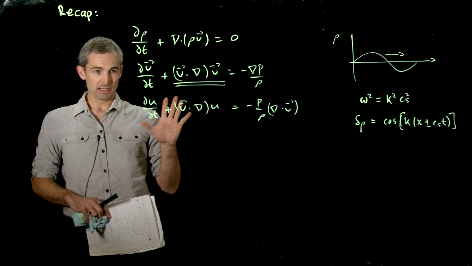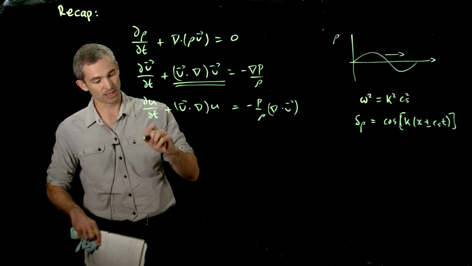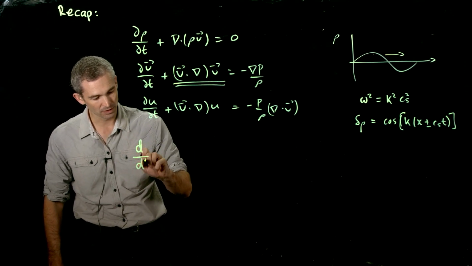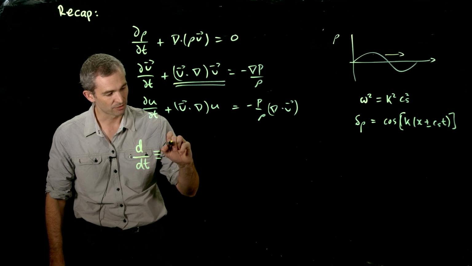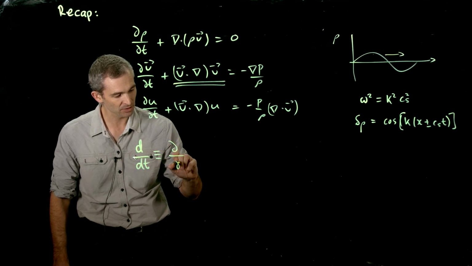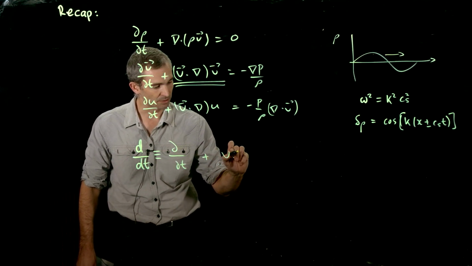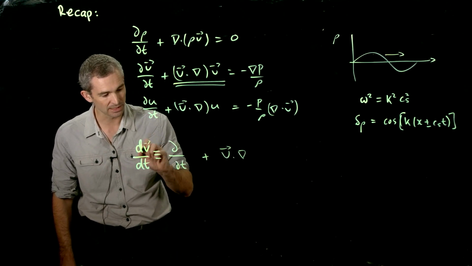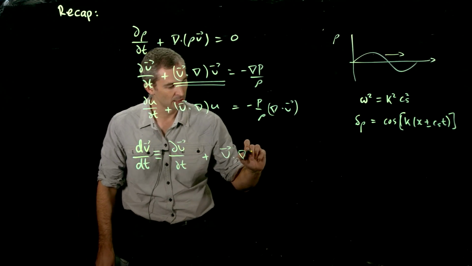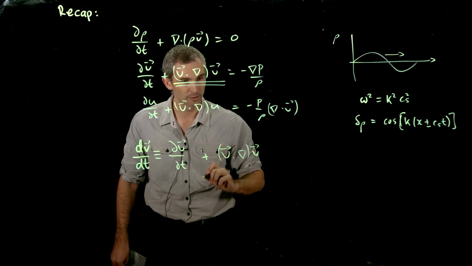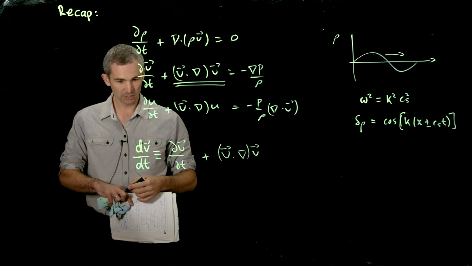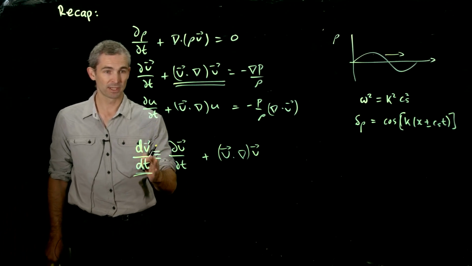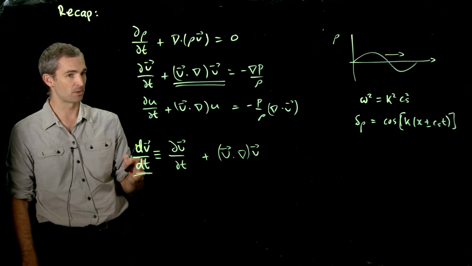The simple way to think about this term is to use, again, our Lagrangian derivative. If you remember our definition of the Lagrangian derivative, we had a big D/Dt, which is defined as partial d/dt plus v dot grad. So that's an operator. For example, that operator operating on the velocity would be dv/dt plus v dot grad v. We're going to use this big D/Dt because we understood last lecture what the meaning of that time derivative is.